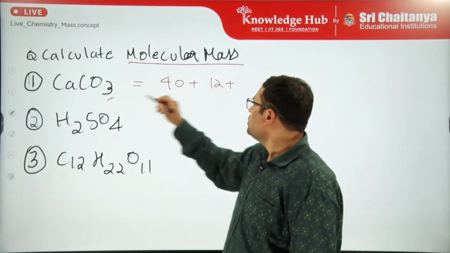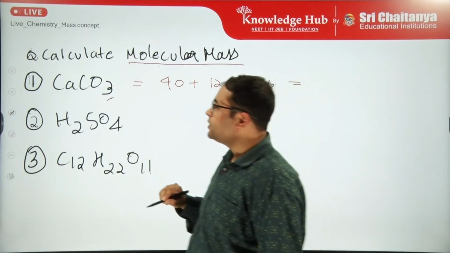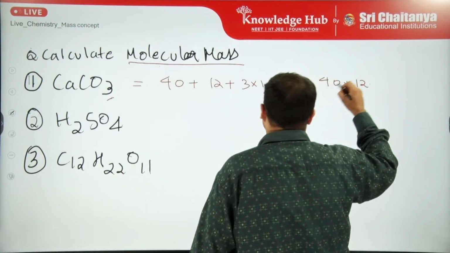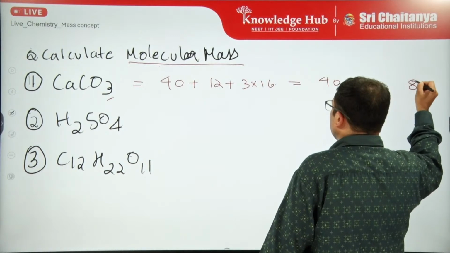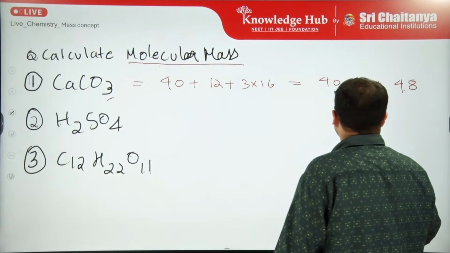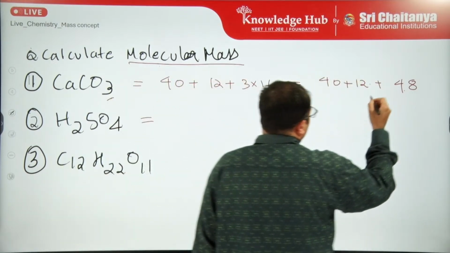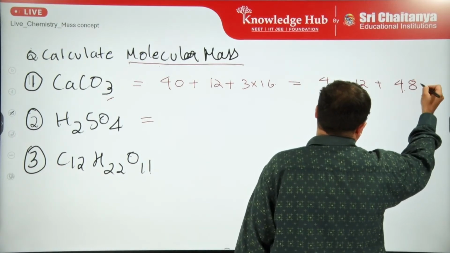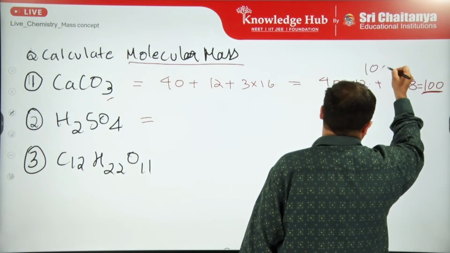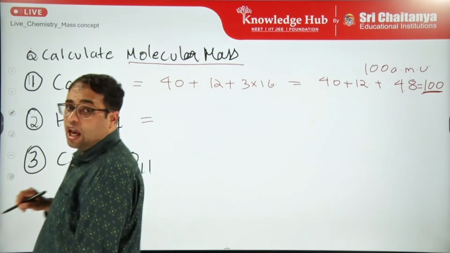There are 3 oxygens, so 3 into 16. How much will it be? Just try and calculate. You have 40 plus 12 plus 48. How much will it be? I think it will be approximately around 100. Now what 100? 100 AMU.